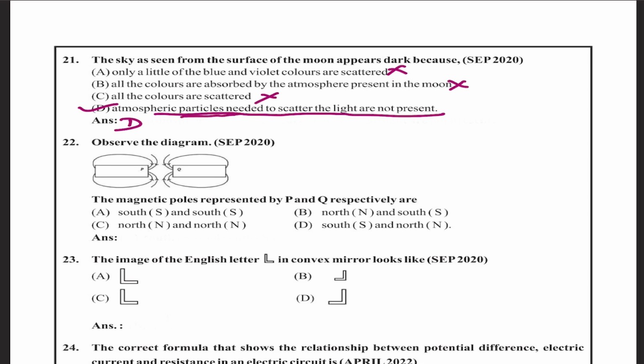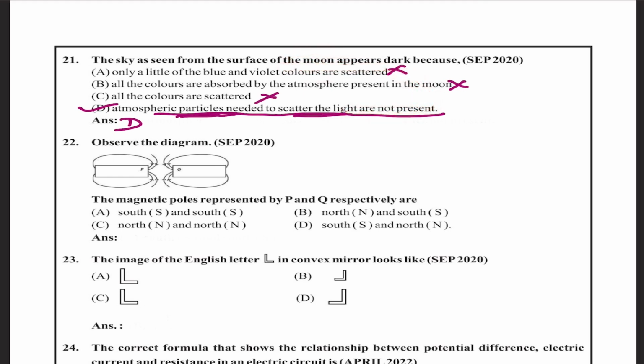The particles which are going to scatter the light are responsible for the color of the sky. The same thing happens with respect to Earth's atmospheric particles. They scatter more of blue light, whereas those particles which are needed to scatter the light are not present on the moon's surface or in the moon's atmosphere.